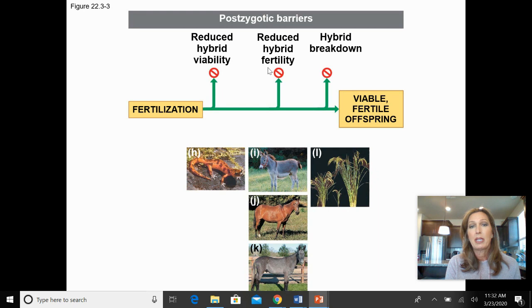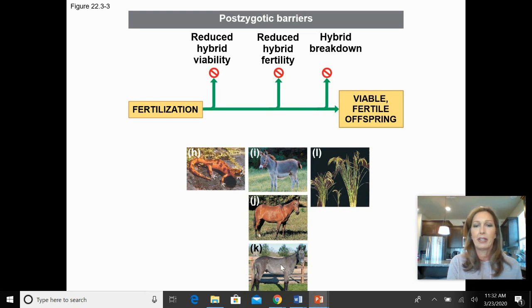Now, we do sometimes get hybrids that do survive. Here's our example of our horse, donkey, and mule combination. If you breed a horse with a donkey, you get a mule, and mules are pretty awesome animals. Super intelligent. They have kind of this excess as a hybrid.